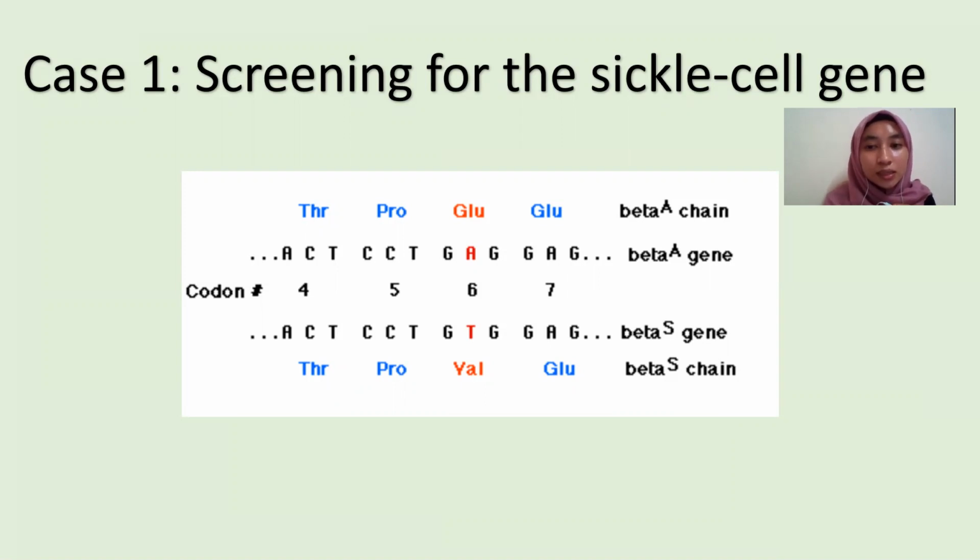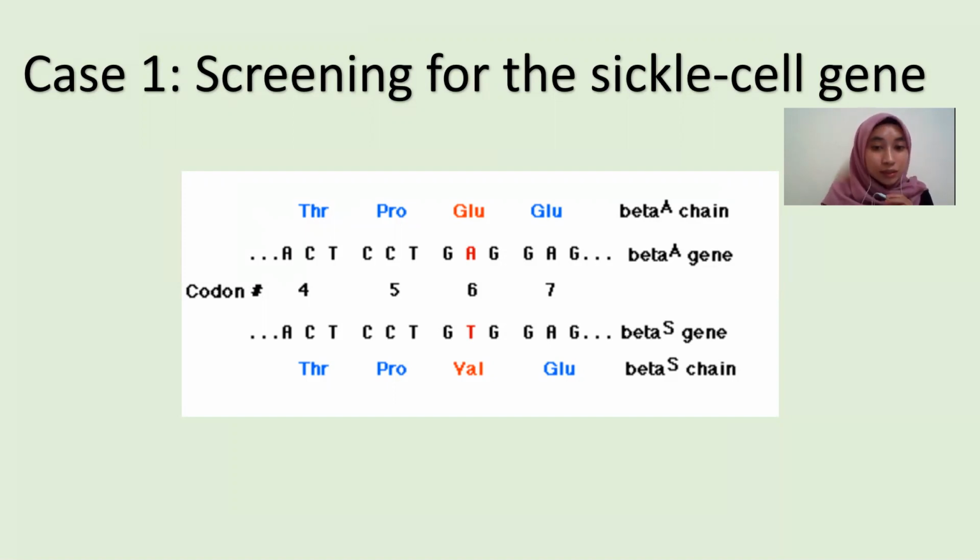In codon 6, instead of having A, which is GAG that encodes for glutamic acid, we have T, that is GTG that encodes for valine. This will cause the sickle cell disease. The only difference is the substitution of T instead of A.